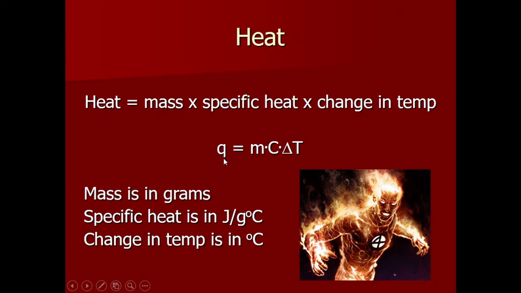So small q, heat, equals m multiplied by c multiplied by delta T, where m is expressed in gram, c is the specific heat, expressed in joule per gram degree Celsius, while the change in temperature delta T in this particular case is expressed in degree Celsius. So you must remember that in this relationship of heat, we must express delta T in degree Celsius.